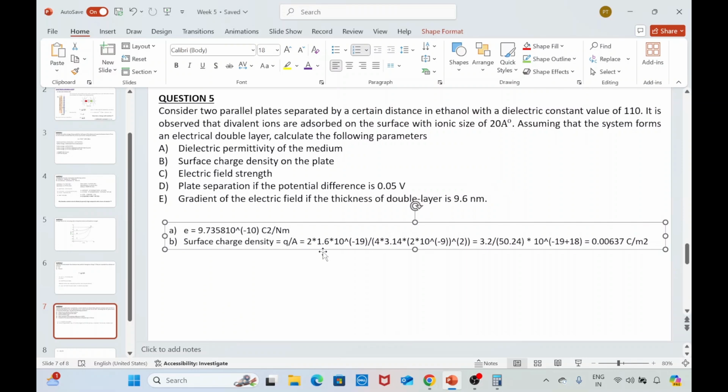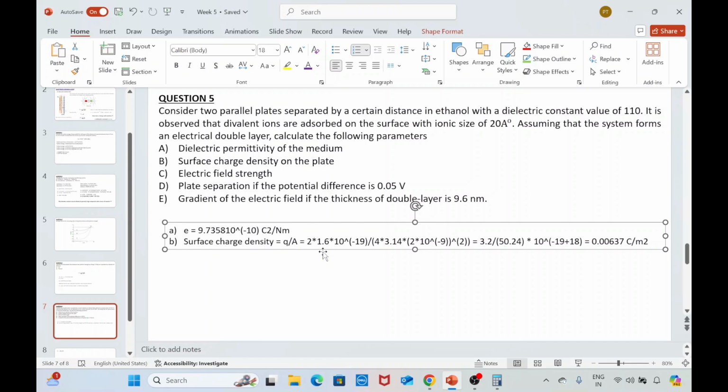Again, sometimes you will be given the area that each ion occupies, like for example 10 nanometer square per molecule or 20 nanometer square per molecule. So in that case the area is already given to you. You do not need to calculate any area. Just divide the charge by the area, and you will be able to calculate the surface charge density.